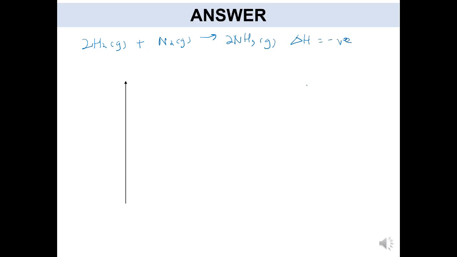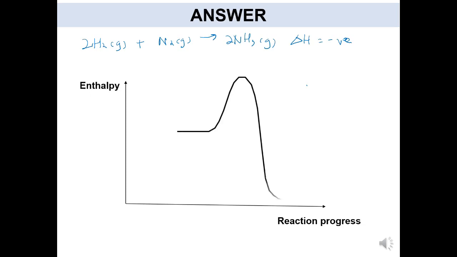Okay, so as usual, the y-axis is enthalpy and the x-axis is reaction progress. For exothermic, the enthalpy of product is less than the enthalpy of reactant. So this one is the reactant, this one is the product.